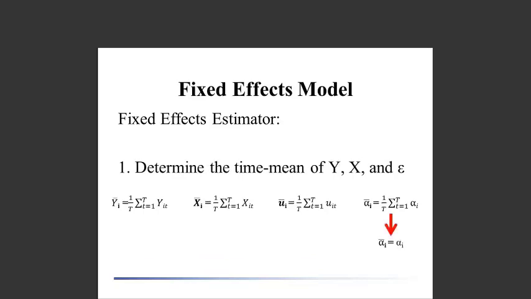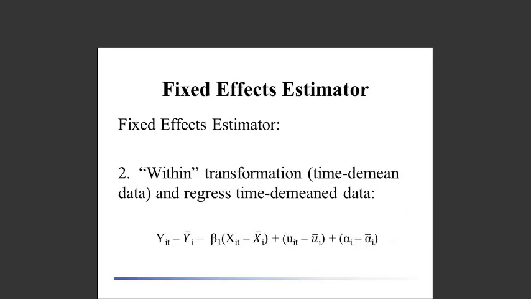Now, you'll note that in the case of alpha i, our time invariant individual specific characteristic, the time mean is equal to the constant alpha i value because alpha i is constant and therefore the same in every time period. So we then complete what we call a within transformation, where we create a time demeaned data set.